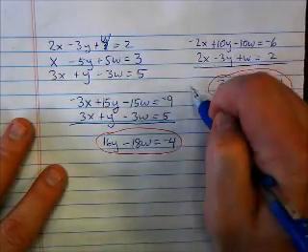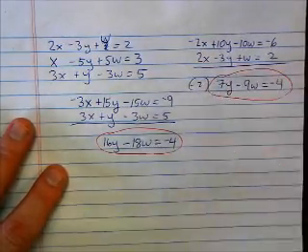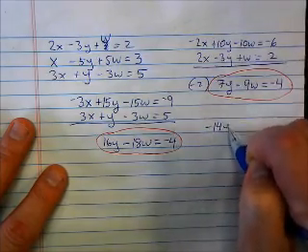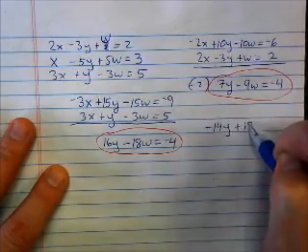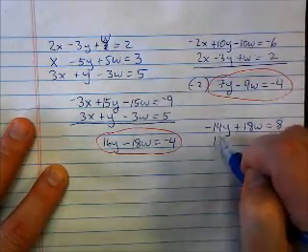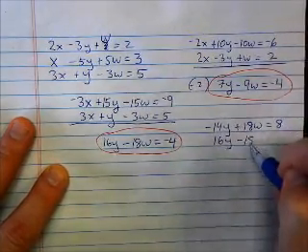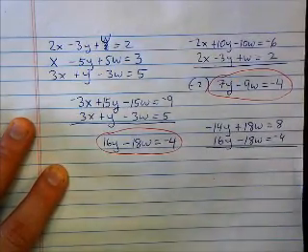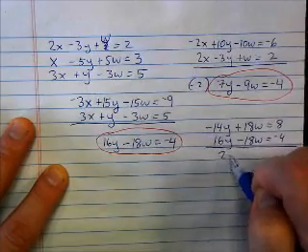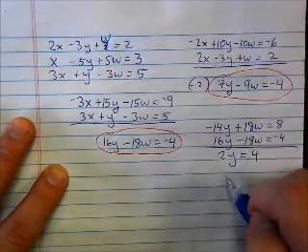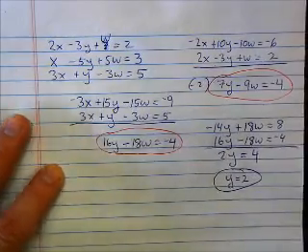So I think a clever thing to do is take this equation and multiply by -2. So that's going to give us negative 14y plus 18w equals 8. 16y minus 18w equals -4. 2y equals 4. So y is the number 2.